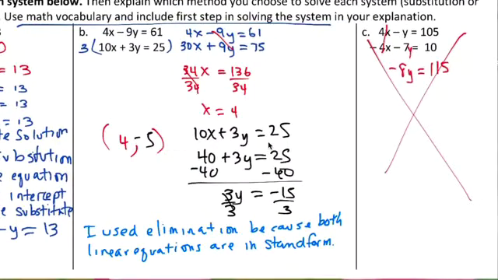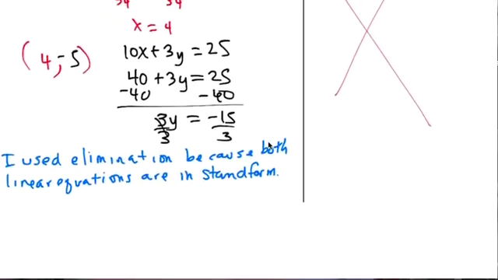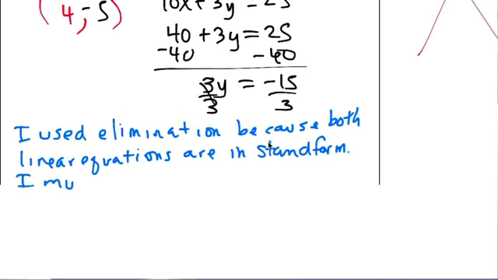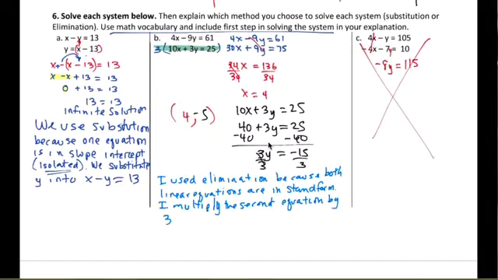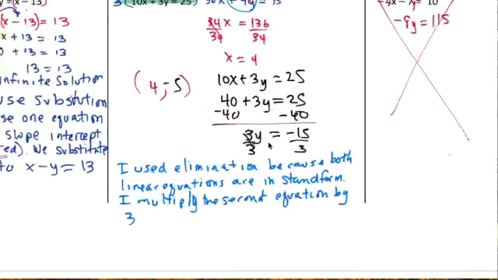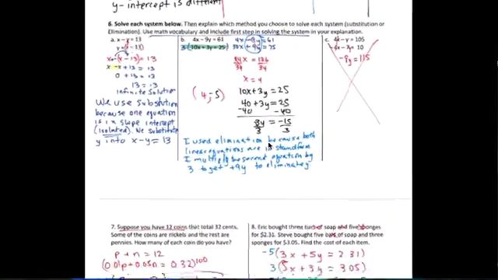I multiply the second equation all by 3 to get a positive 9y to eliminate y. Okay, that's good enough.